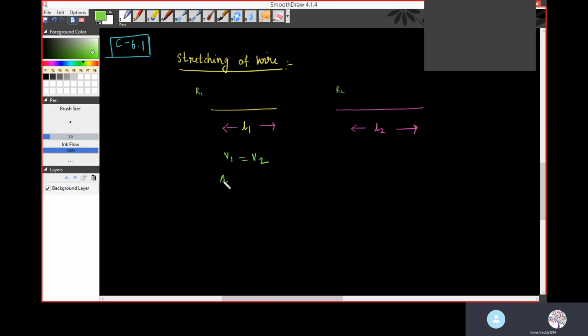So we write area A1 into length L1 is equal to A2 into L2. So L2 will be equal to L1 A1 by A2.